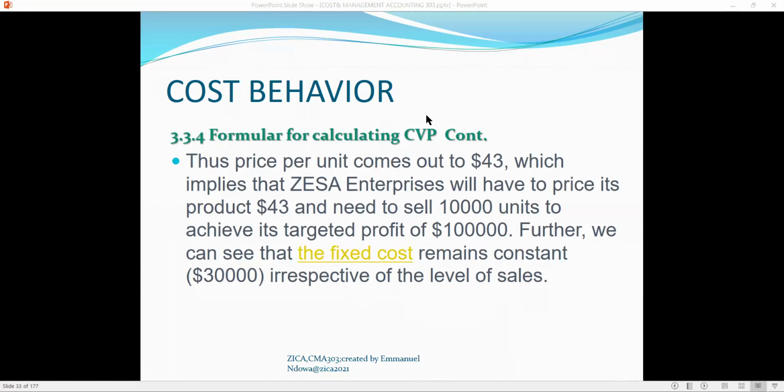If we can go on bullet number 3.3.4, there is an example there. Are we on the same page? I need your responses before we proceed.